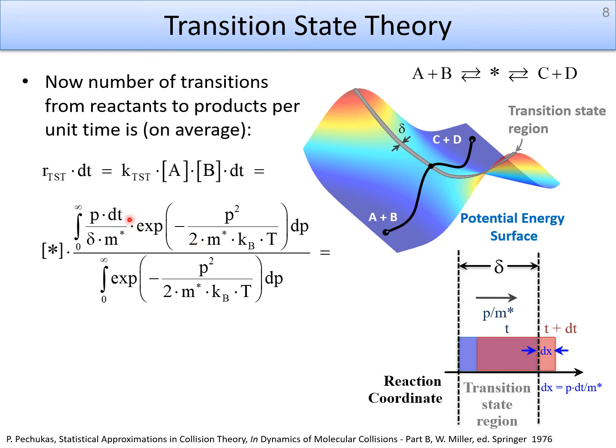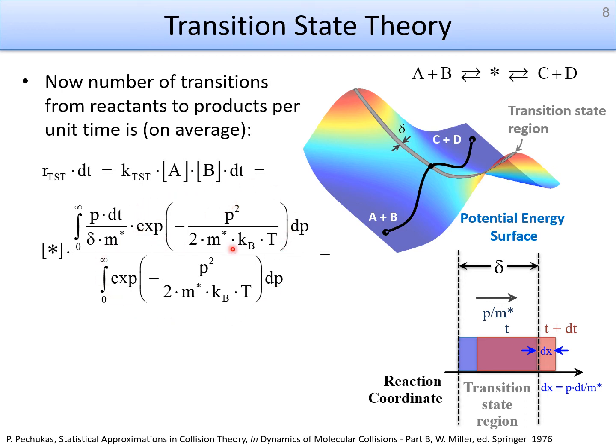And then I note that this momentum is not just one value, it is really a distribution, right? So by the quasi-equilibrium assumption, we can use the appropriate Maxwell-Boltzmann distribution for the momentum, and this is really what this term gives me, basically this term divided by that, right?